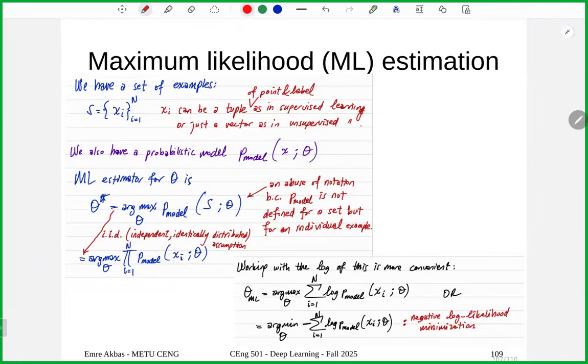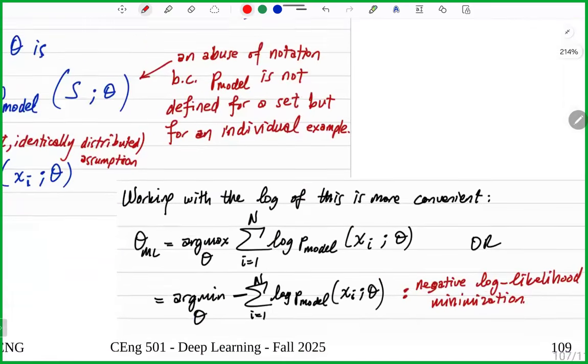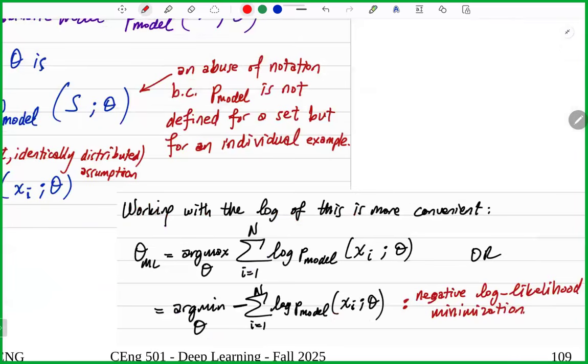But yes, this is the same thing. I wrote it before, copy pasted here. This is maximum likelihood estimation, and working with the log is more convenient. You either write this as maximum log likelihood or, more conventionally, because we try to minimize things in numerical optimization, we take the negative of this, and this is called negative log likelihood minimization.